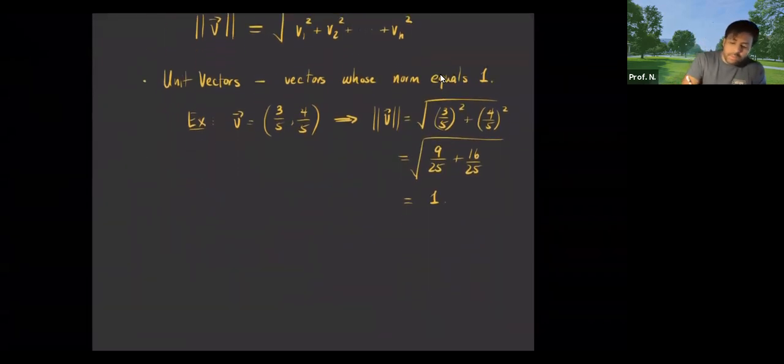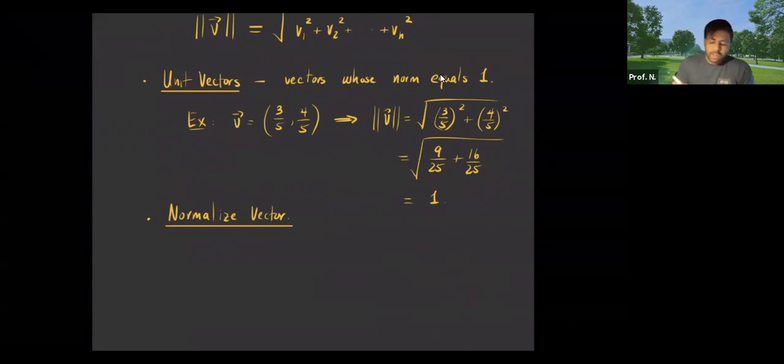And then we finished this whole little world of unit vectors by talking about normalizing. So let's say I'm given a vector that is not a unit vector. If I have a vector that's not a unit vector, how do I transform it? So let V be a vector of non-unit length.